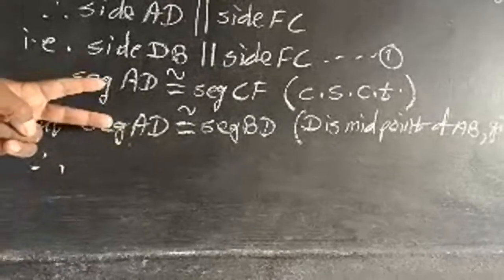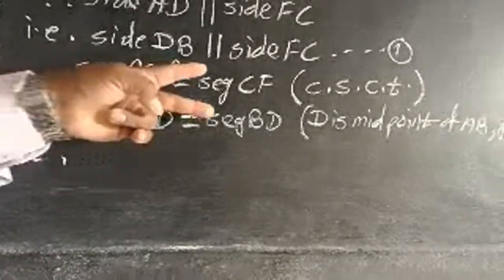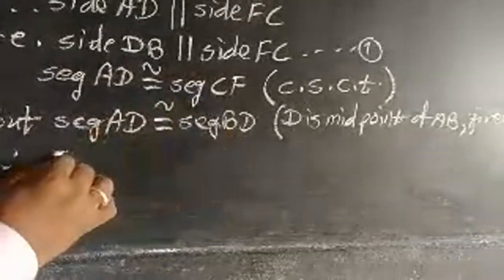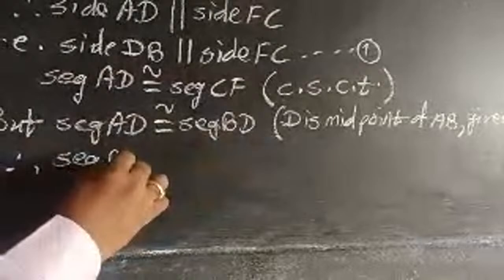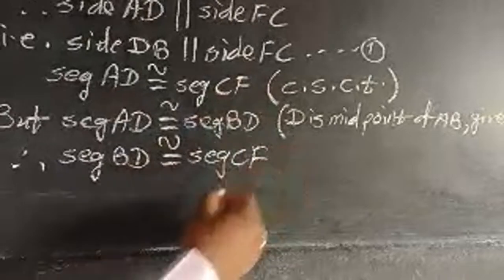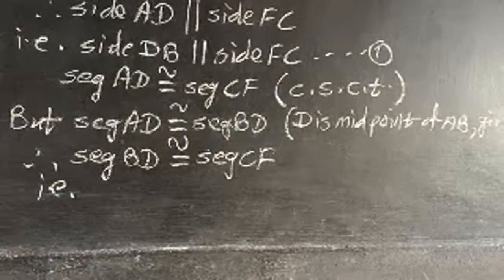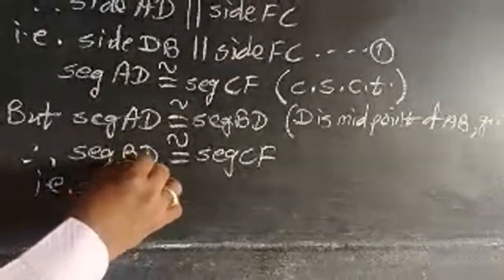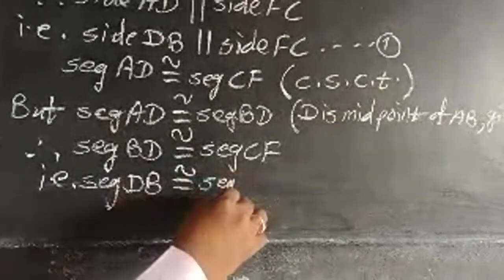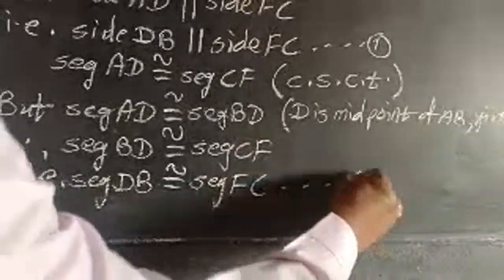Left side is congruent, similar, therefore the right side is congruent. Segment BD is congruent to segment CF, that is, in reverse order, segment DB is congruent to segment FC. That is equation 2.